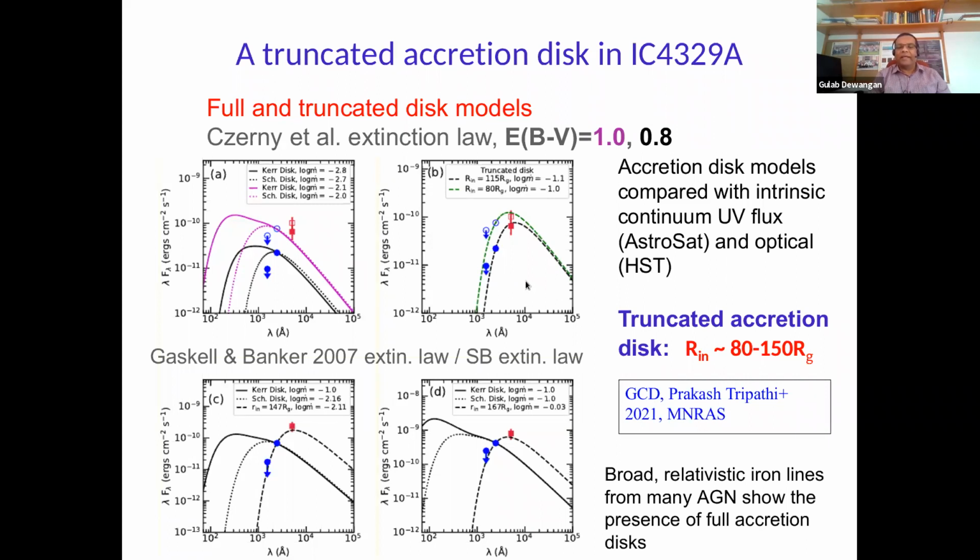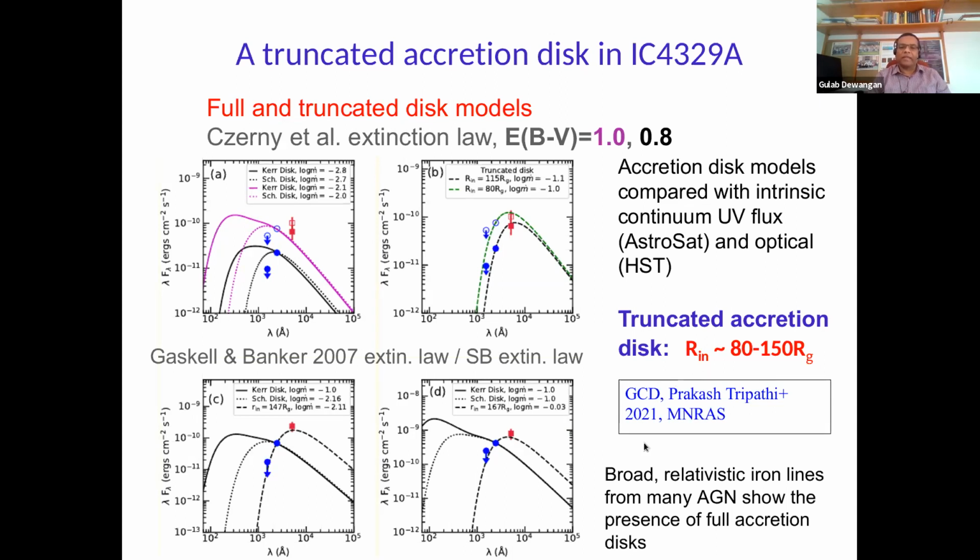Remember that because of the excellent resolution of UVIT as well as HST, we have separated the nuclear emission and corrected for obscuration as well as the contribution of emission lines. We are then inferring that the accretion disk is really truncated in this AGN at an inner radius of about 100 Rg or so.